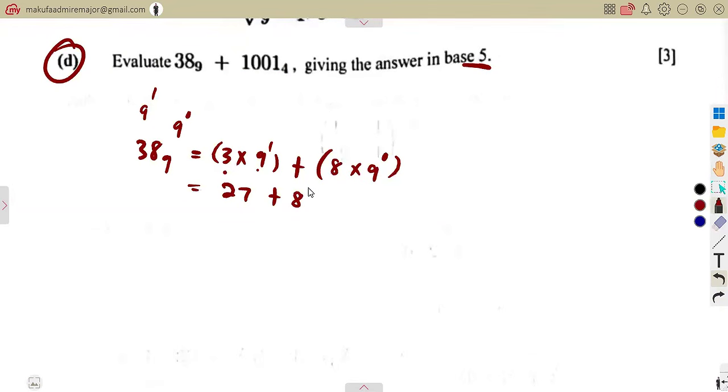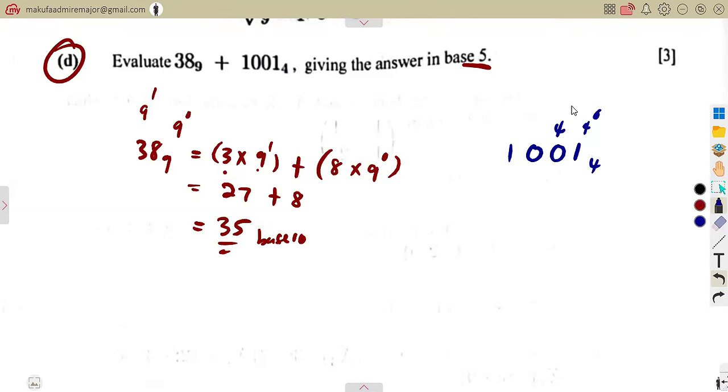You have this number in base 10. That is 35 in base 10. Same thing with the 1001 base 4, to base 10.